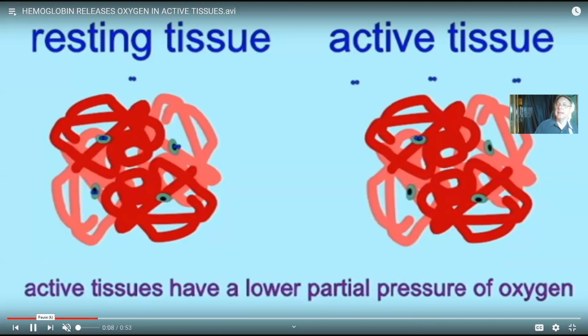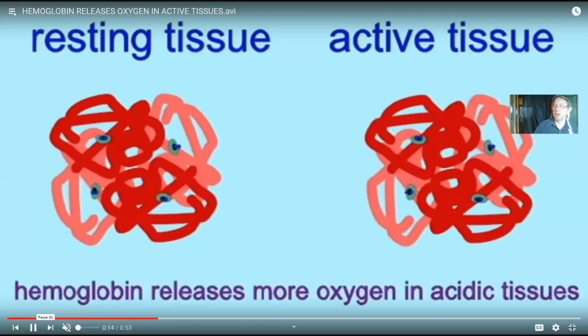Because hemoglobin will not only let go of more oxygen when it's in a tissue with a lower partial pressure of oxygen, hemoglobin is also affected by acid. So when hemoglobin reaches a tissue which is more acidic, it will let go of more oxygen. Which is good because active tissues are acidic. Active tissues, say, may be building up lactic acid.